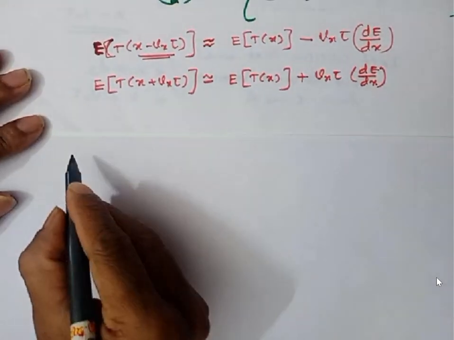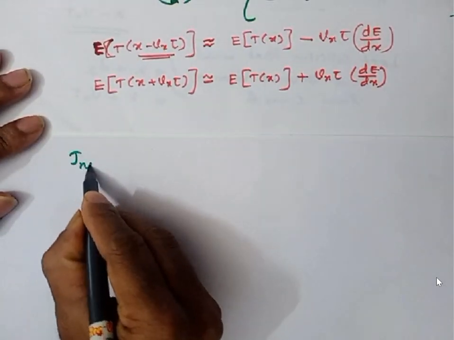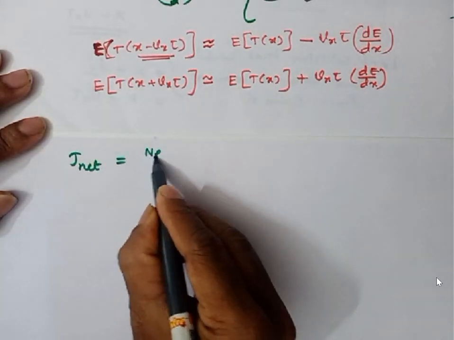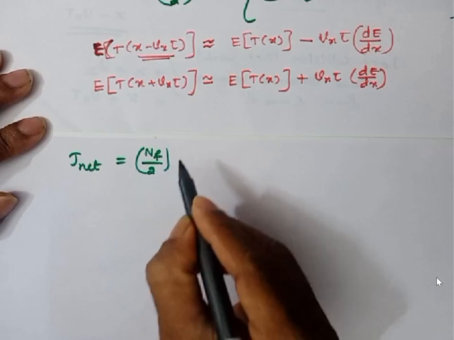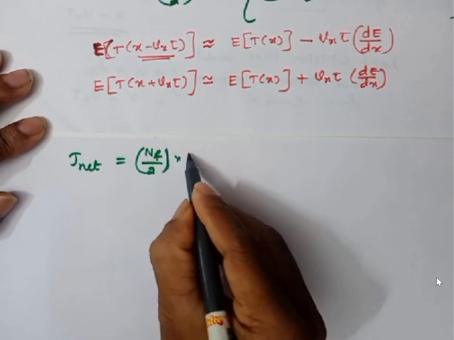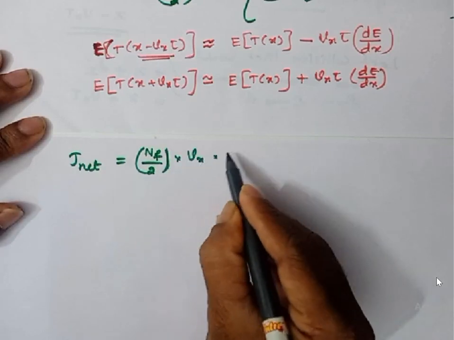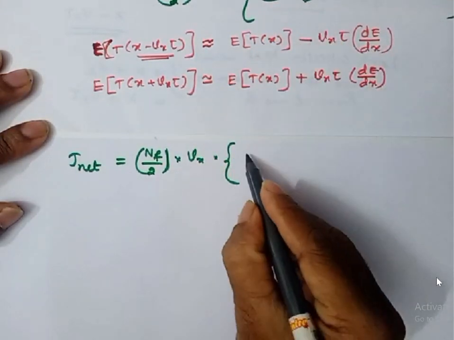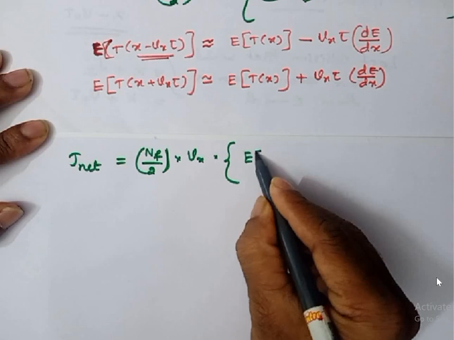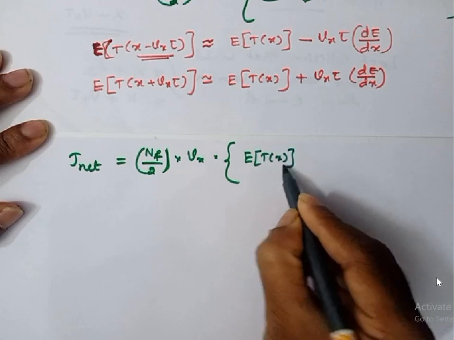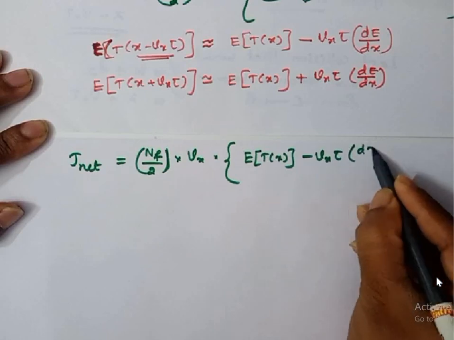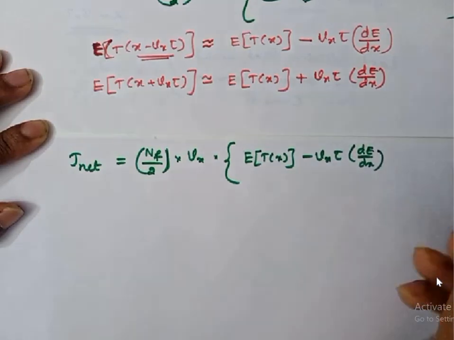See this. So J net heat transfer equals NF by 2, and Vx is already there, into, in the place of this I'll put this one: energy at the location x minus Vx into tau into dE by dx.